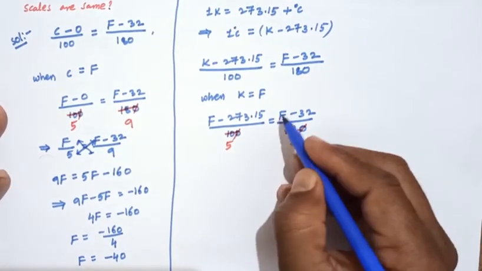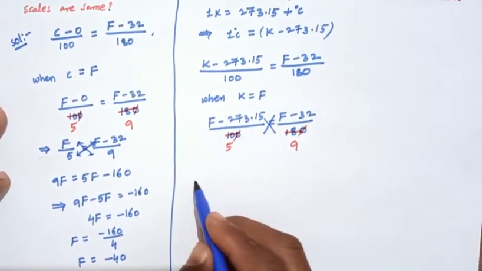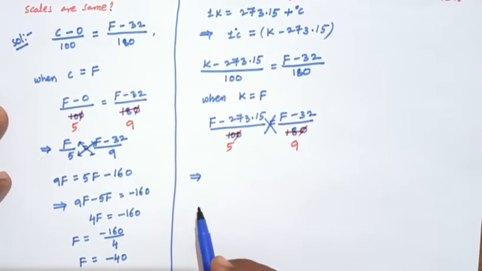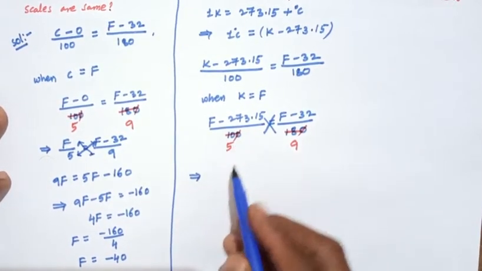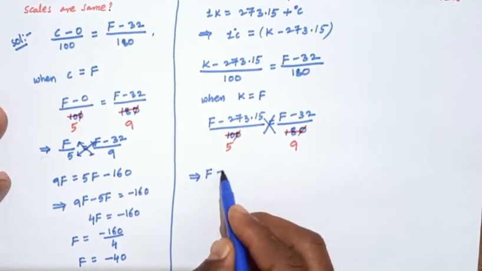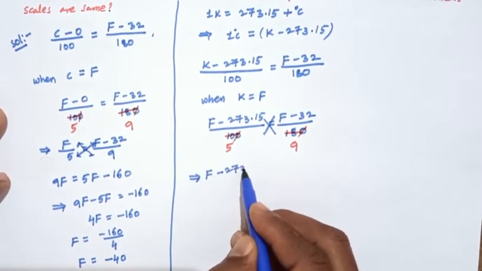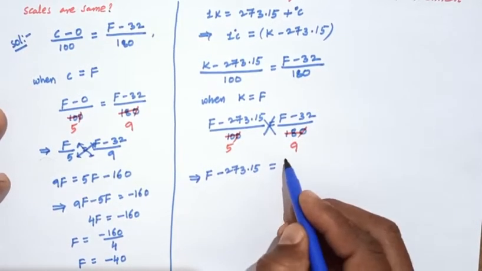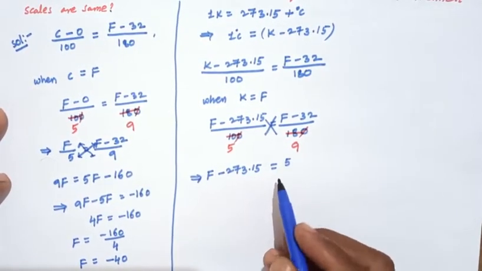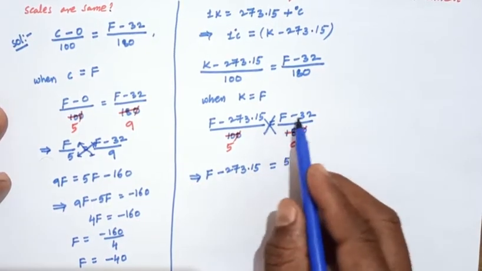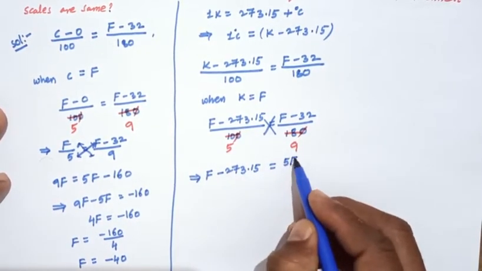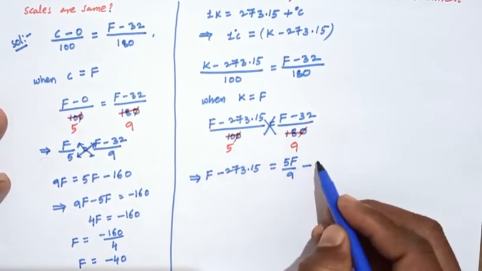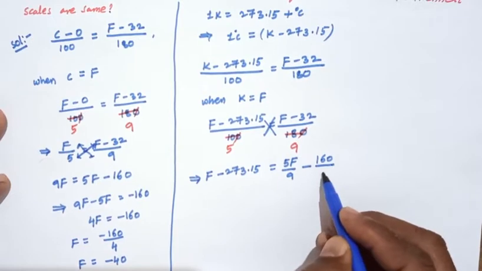Then we take cross multiplication. So here F minus 273.15 equals 5F by 9 minus 160 by 9.